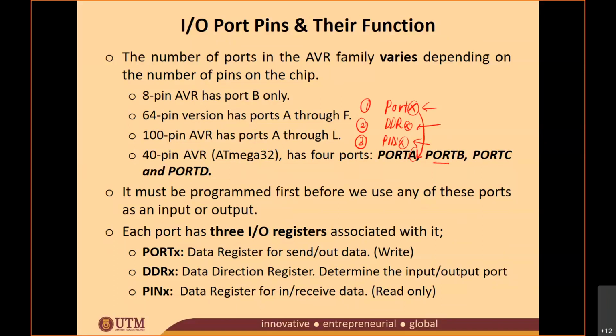Okay, first kita tengok DDR. This DDR is called the data direction register. Okay, digunakan untuk menentukan sama ada we are going to make this port A as an input or output port.